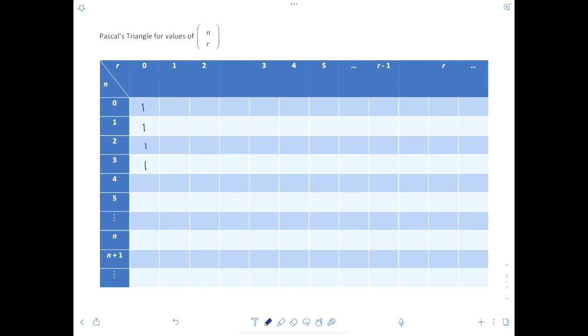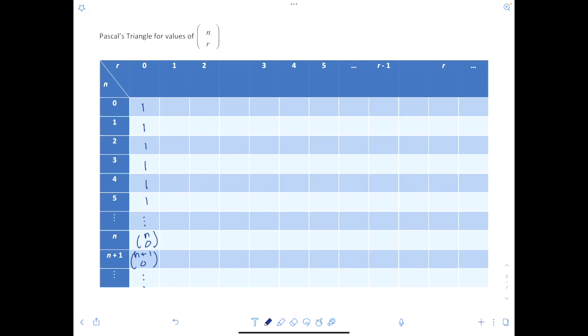So this whole column I would end up with n choose 0, which is all just 1. This would be n plus 1 choose 0. Cool? And then on and on.